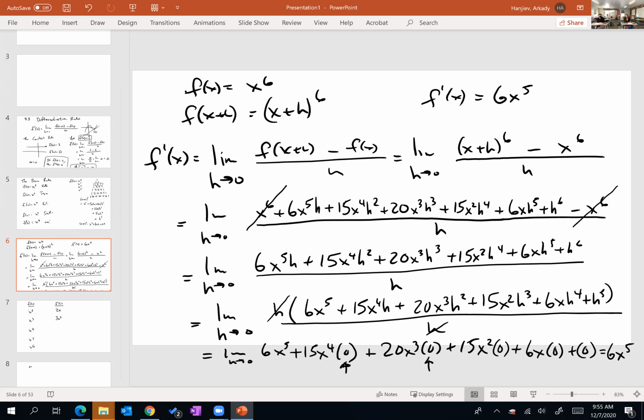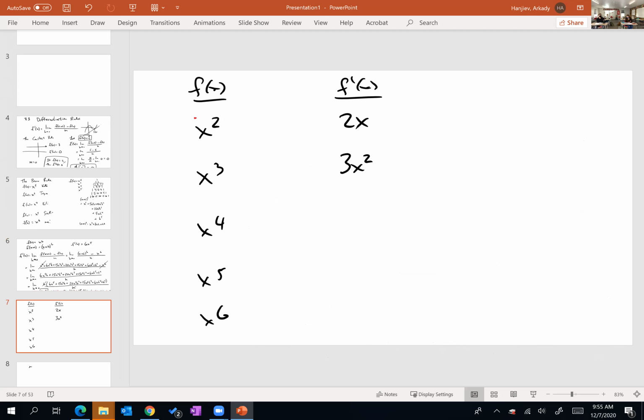Any extra h's are going to go to 0 because now you can plug them in. So only that first piece is going to be without an h, because h got factored out and canceled. So 3x squared then. It has no h once you cancel it.